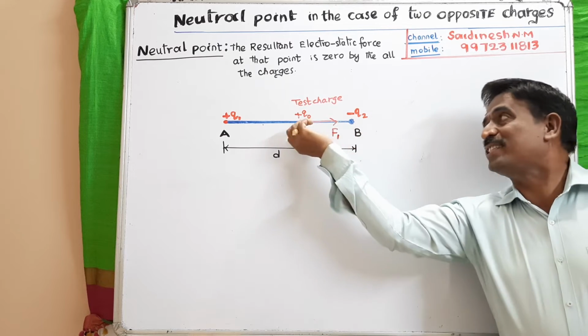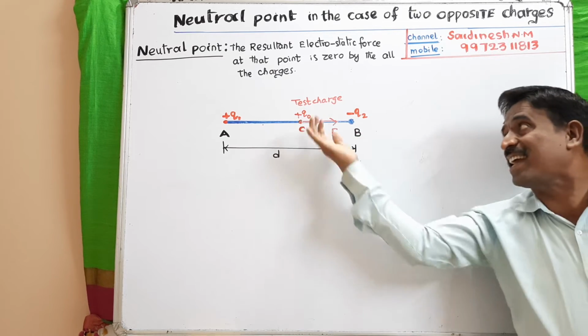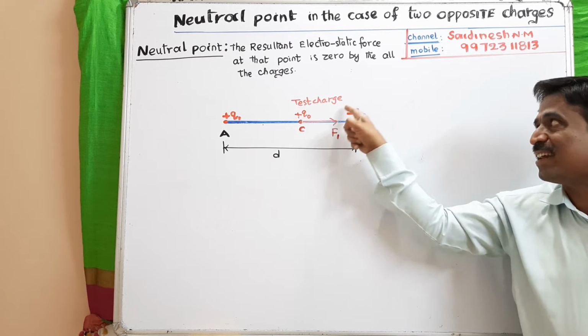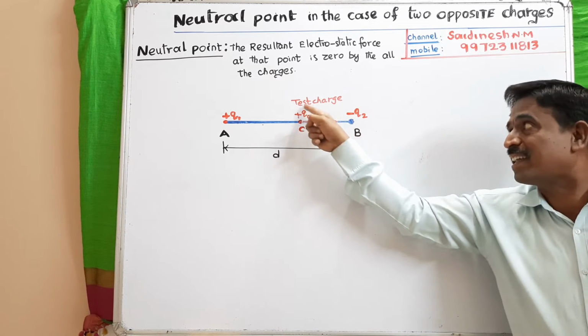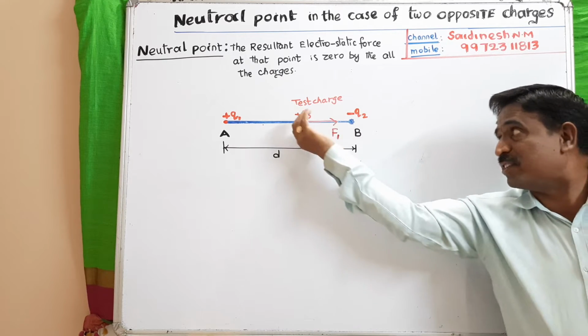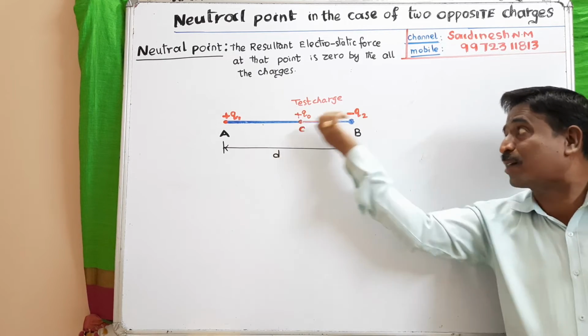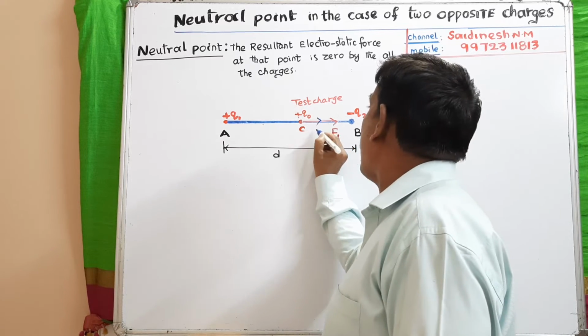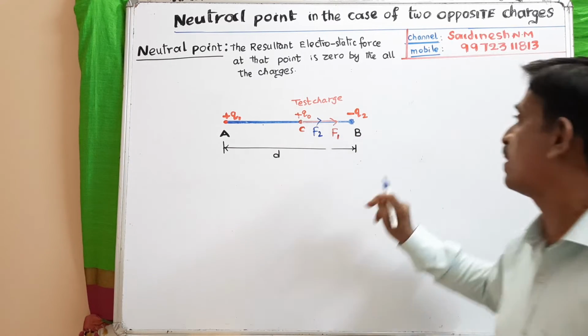This negative charge is attracting the positive test charge with some electrostatic force. That force I am calling F2.